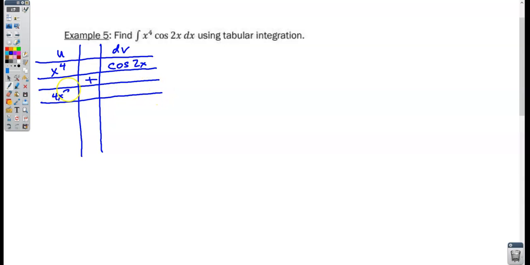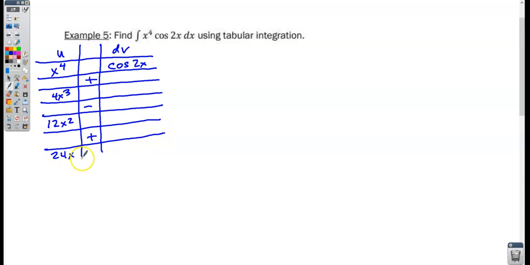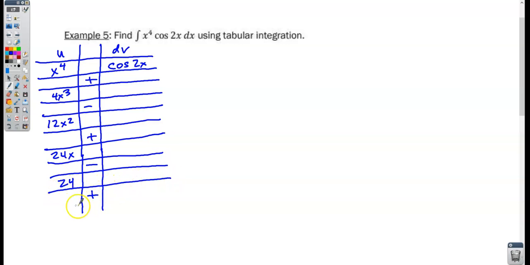Then my derivative, minus sign, my derivative, plus sign, my derivative. Got to extend my table here a little bit. Minus sign, my derivative, plus sign, my derivative, and I finally reached 0 in that u column.